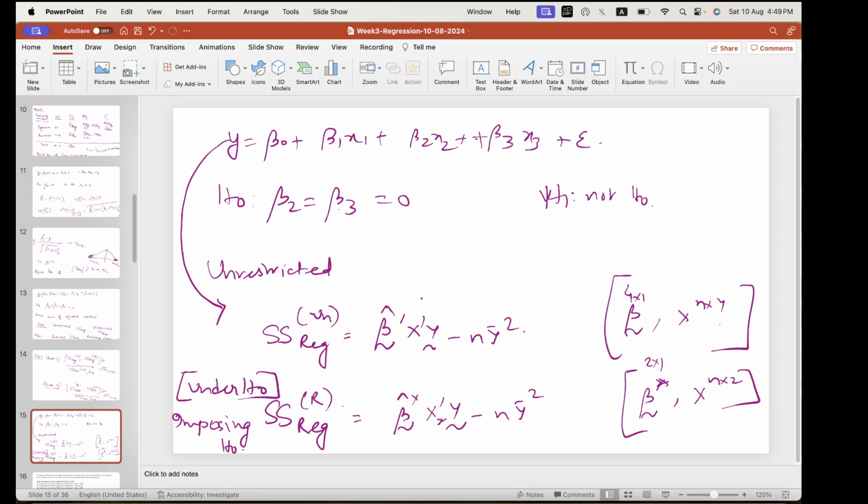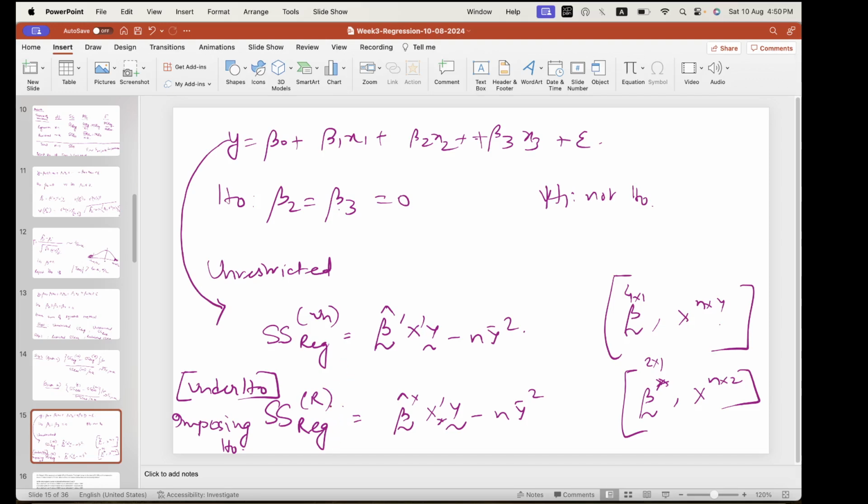Okay, and when I am using regression, then I should use unrestricted minus restricted, because unrestricted will have more variables, it will explain more variation. Okay, but restricted will have fewer variables, it will explain less variation.